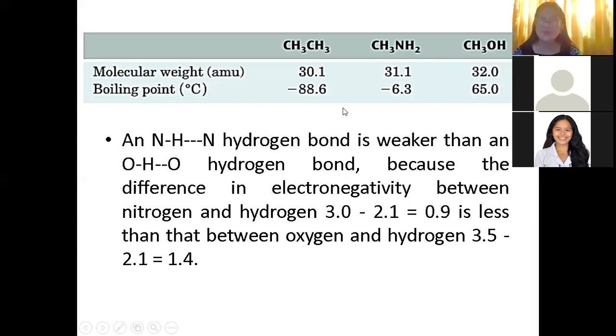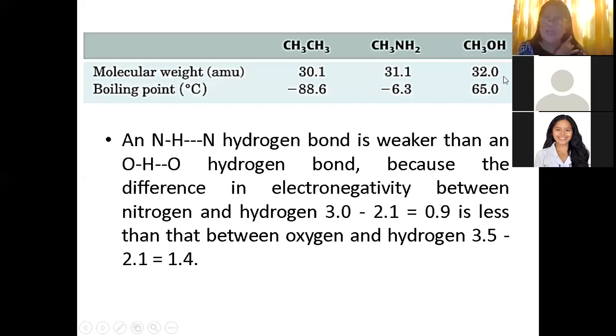But take a look, there is a big difference in their physical properties in terms of boiling point. The boiling point of the alkane and the amine is very low. The alcohol has a higher boiling point.